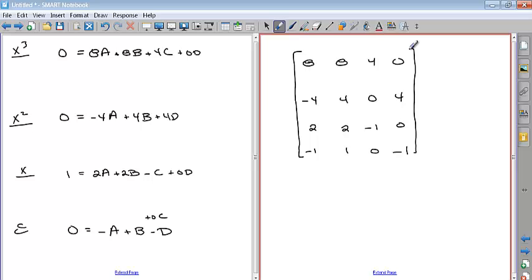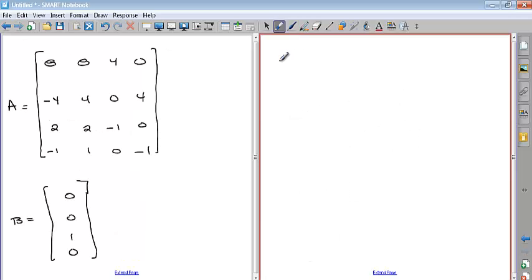So we're going to call that matrix A. And matrix B is going to be just these coefficients, so it's going to be 0, 0, 1, 0.